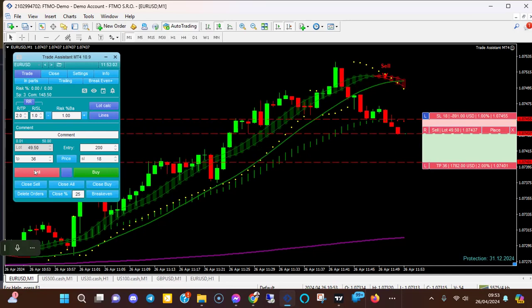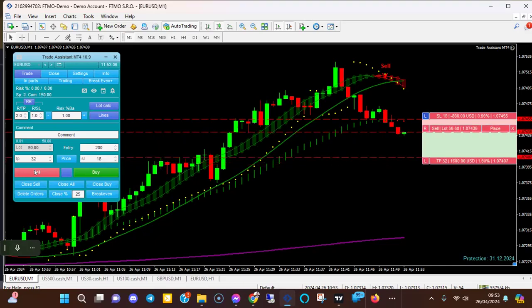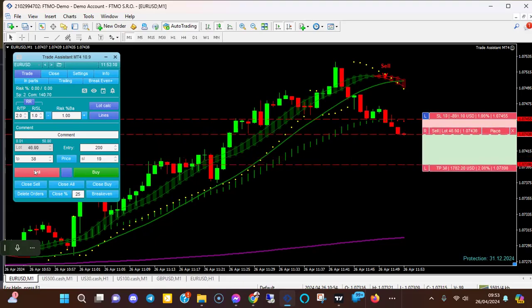Got a nice red volume ribbon now. The wave has started to turn red, so that's where the stop loss is, where the green wave meets the red wave.